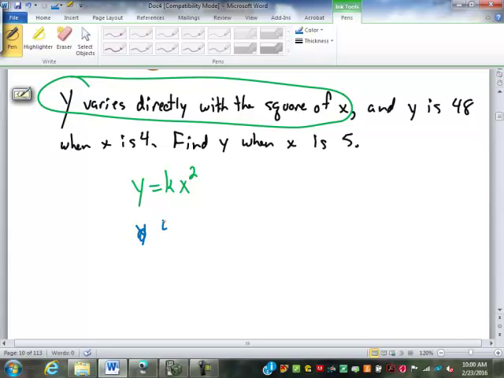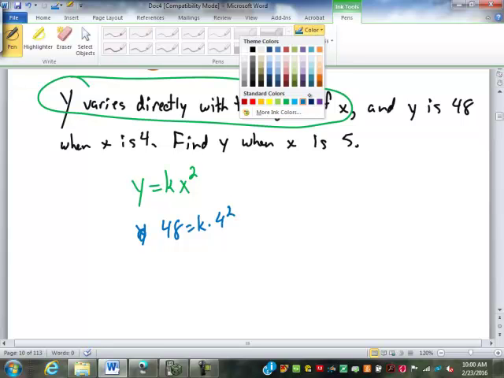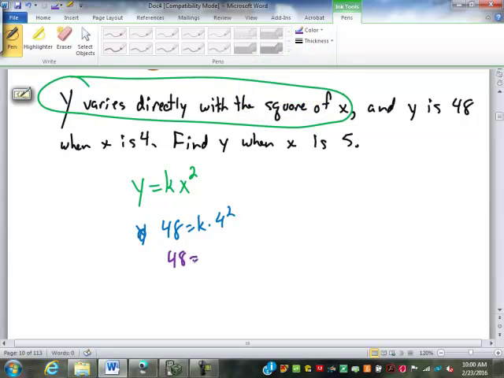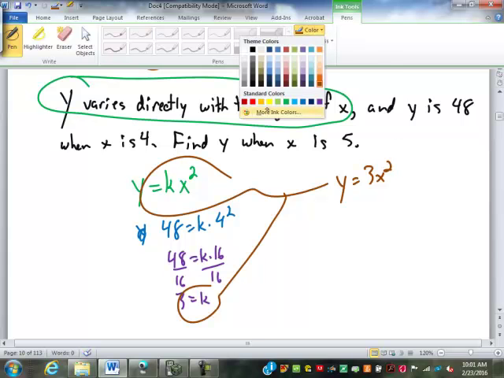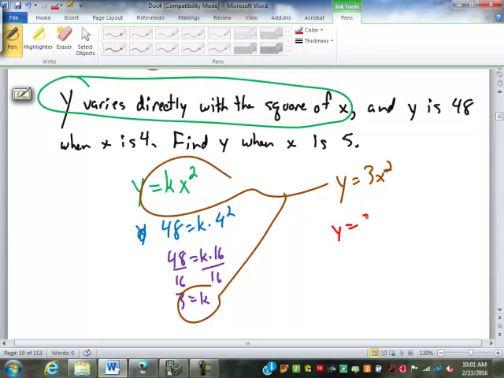So we've got 48 equals k times 4 squared, which becomes 48 equals k times 16. Divided by 16 gives us 3 equals k. So y equals 3x squared. Plug in the 5. 5 squared is 25 times 3, y is 75.